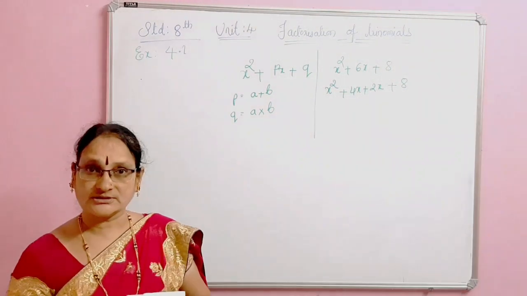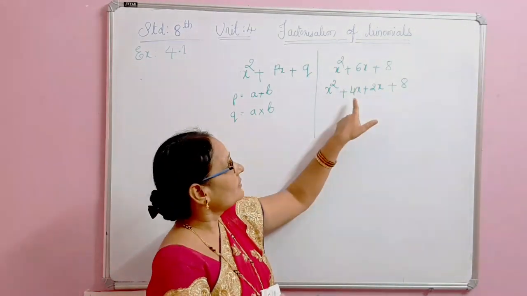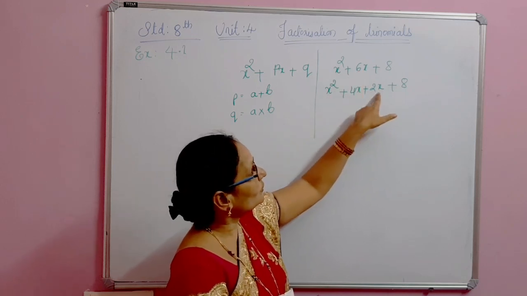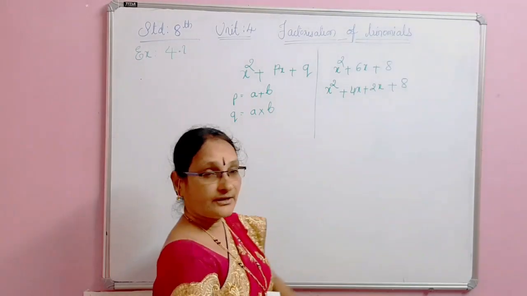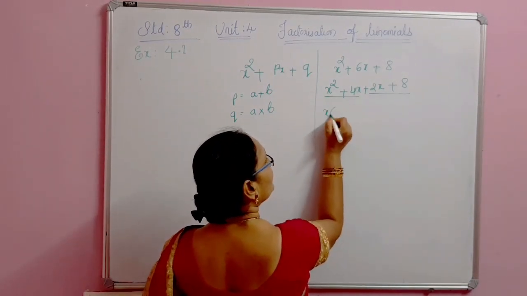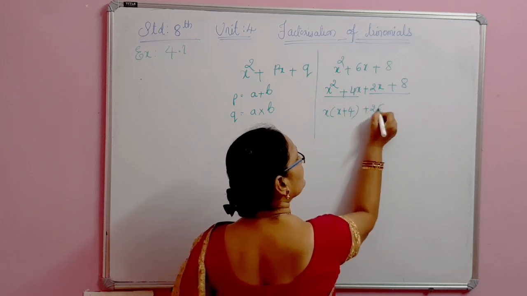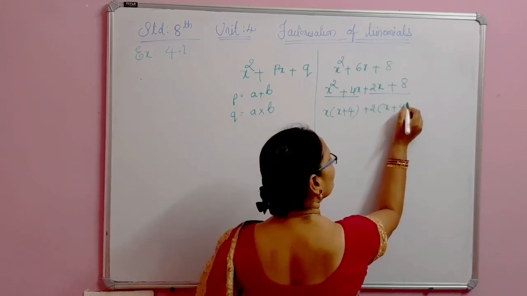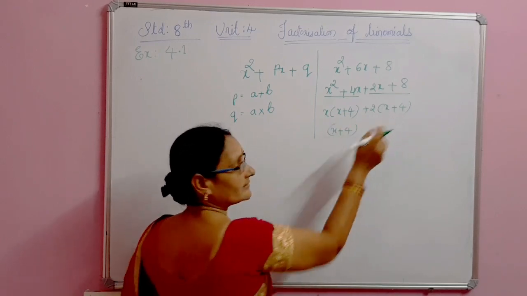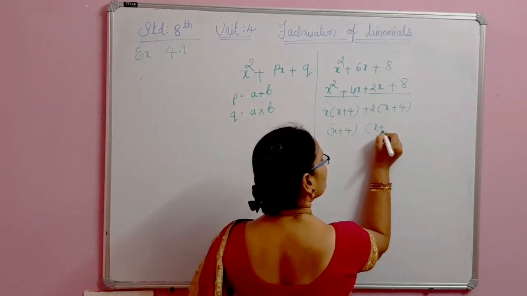On addition we have to get this number: 4 plus 2 is 6, 4 into 2 is 8. Now, as usual, x is common: x plus 4. Here plus 2 is common: x plus 4. Now x plus 4 is the common bracket and the remaining is x plus 2.